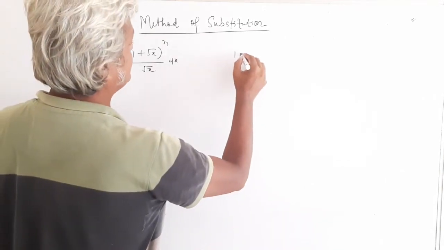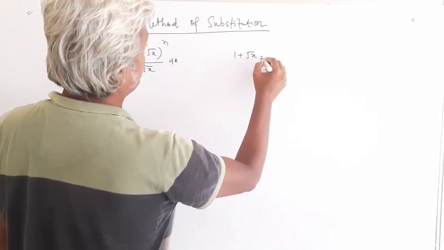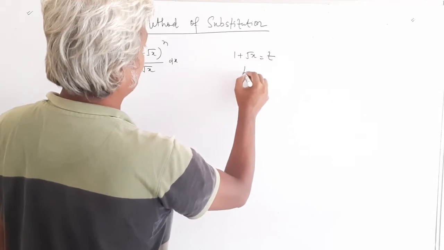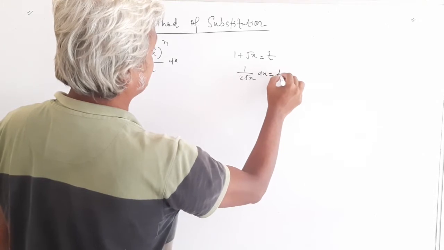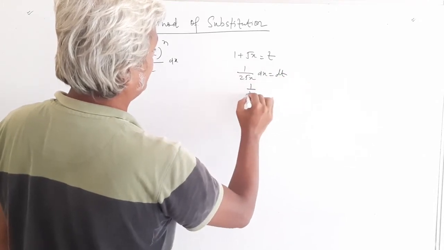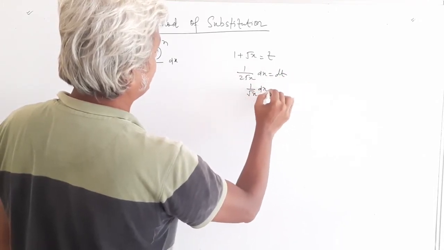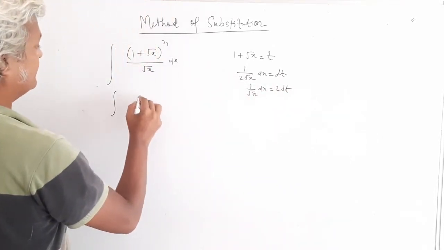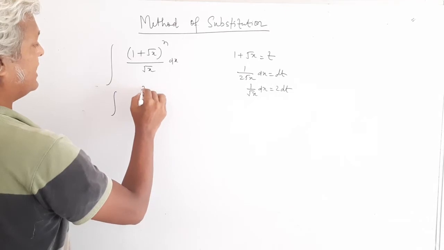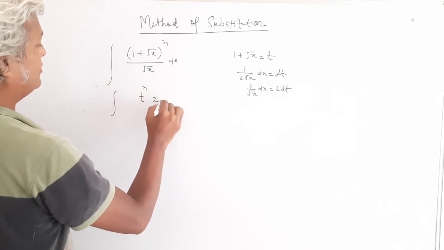So you can just assume 1 plus root x as t and 1 over 2 root x dx is dt. So 1 over root x dx is 2 dt. So this question will become t to the power n and 2 dt.